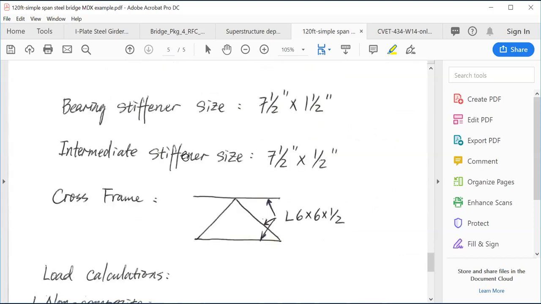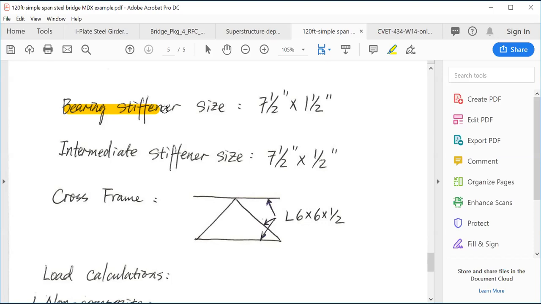Okay, so another thing to explain is the bearing stiffener. The bearing stiffener is usually at the girder end over the abutment, and that's the place to attach the cross frame at the abutment. It is also usually the place to put the erection hook.